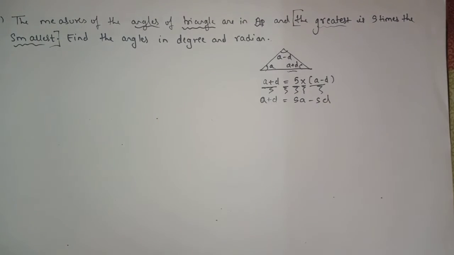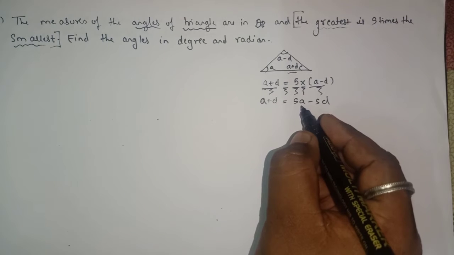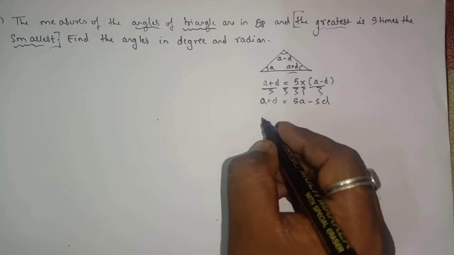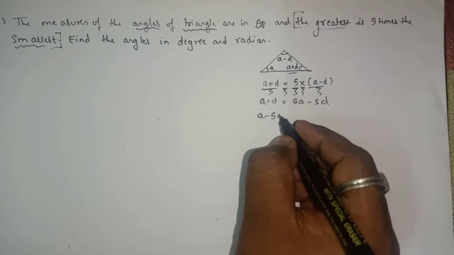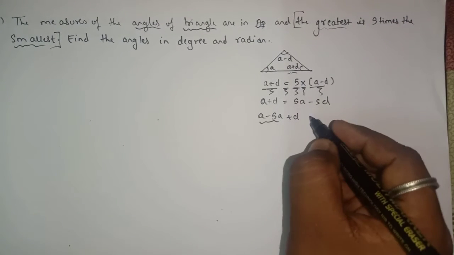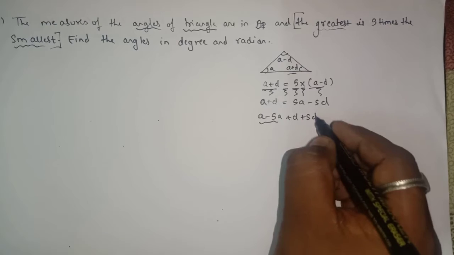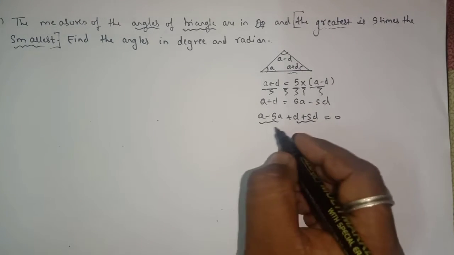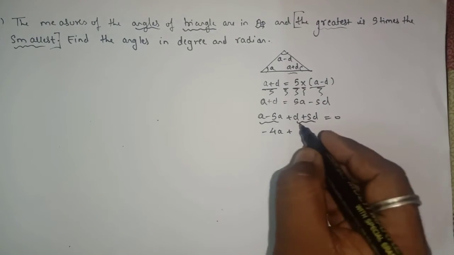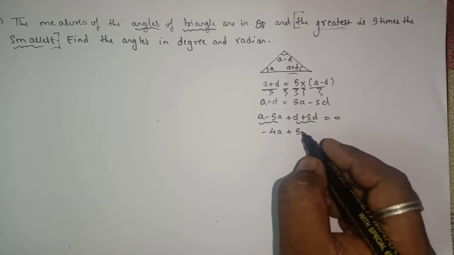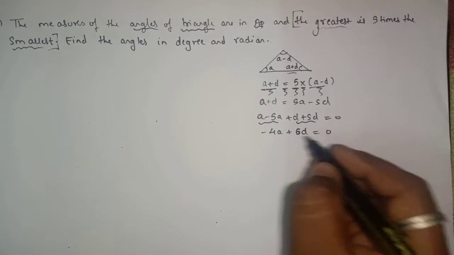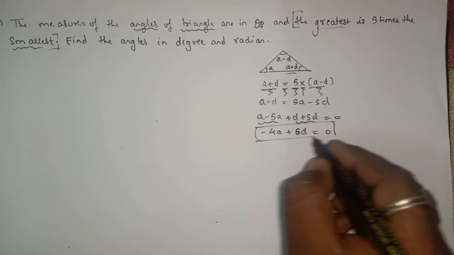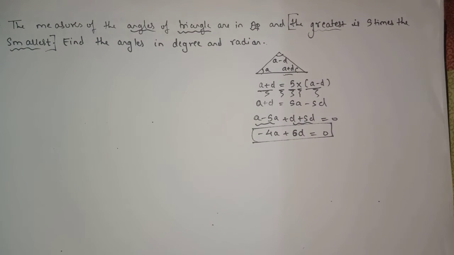When 5a comes to this side, it will be a minus 5a, and when this part comes this side, plus 5d equals 0. So here you will get minus 4a plus 6d equals 0. So here we got one equation according to the condition given in the statement.